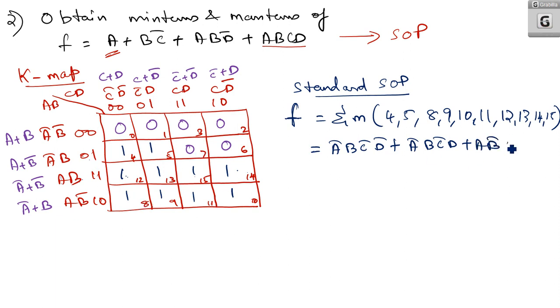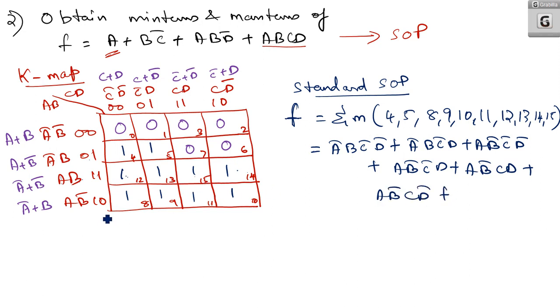Then what is 9? 9 is A B bar C bar D. Or what is 10? 10 is A B bar C D bar.